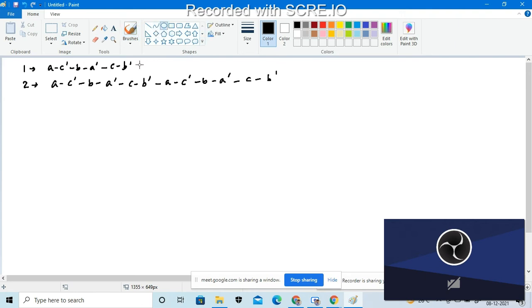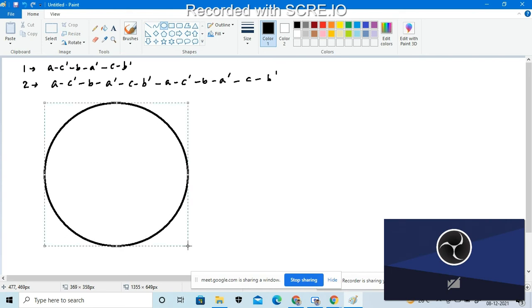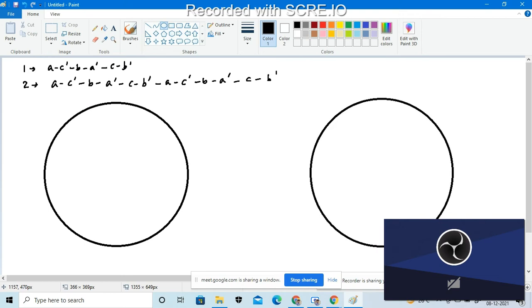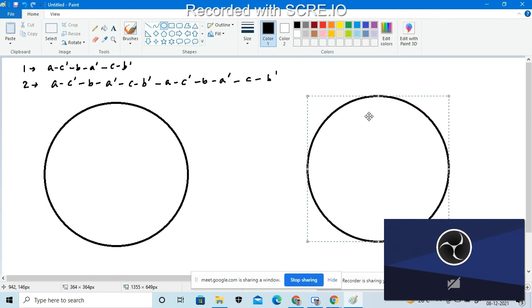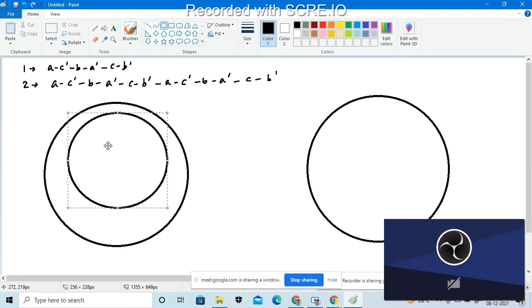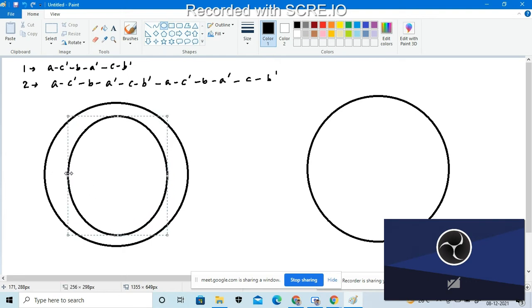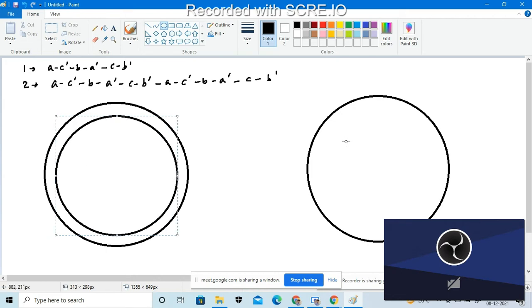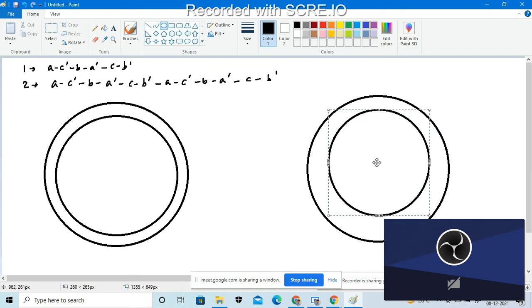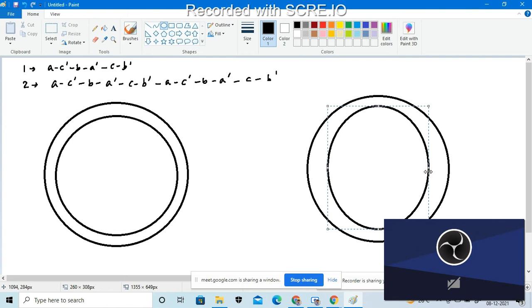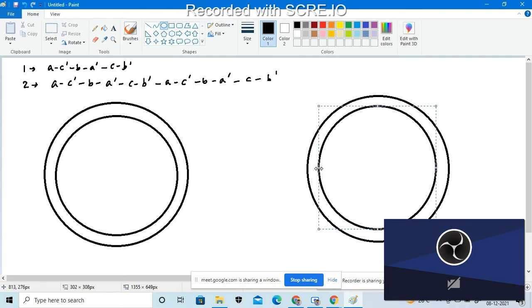So first diagram we have to draw. So this is my holding position.